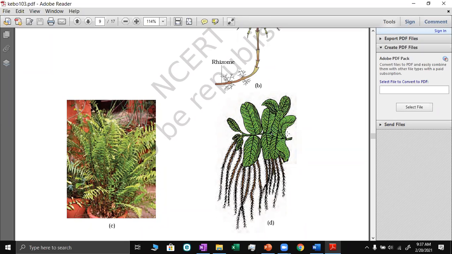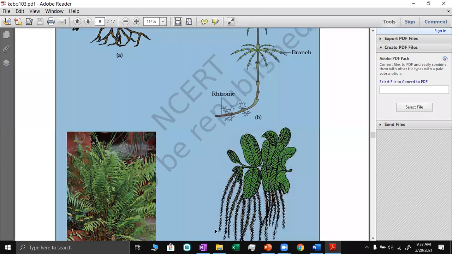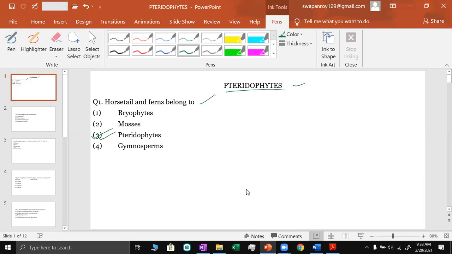This is also a fern. This is an aquatic fern, called Salvinia. They grow totally in water. Most of the pteridophytes, as we have learned, are terrestrial, but some are aquatic also. So horsetail and ferns belong to pteridophyte.